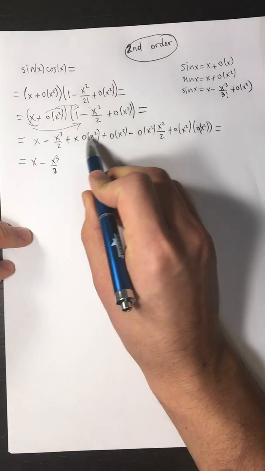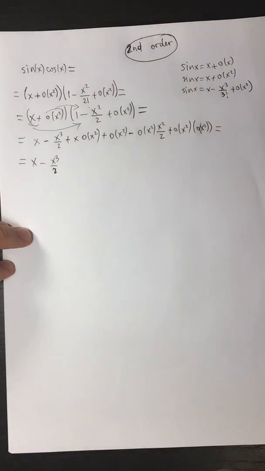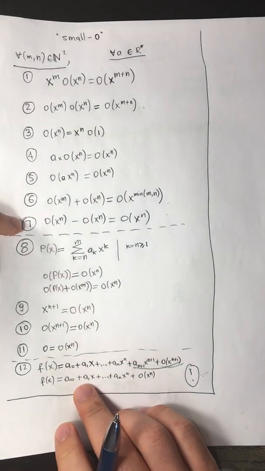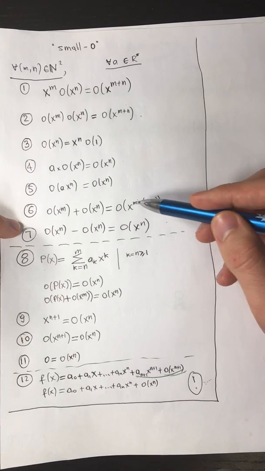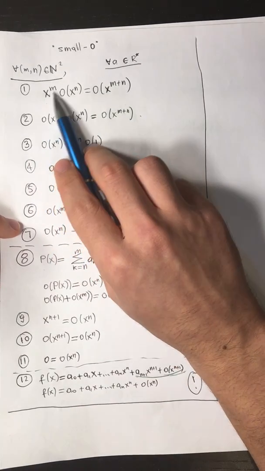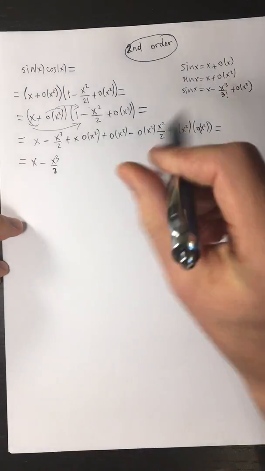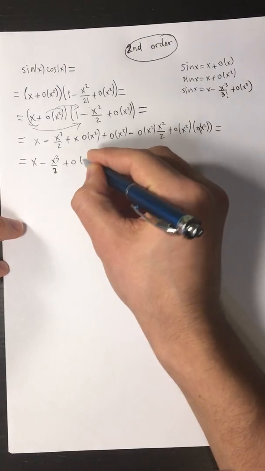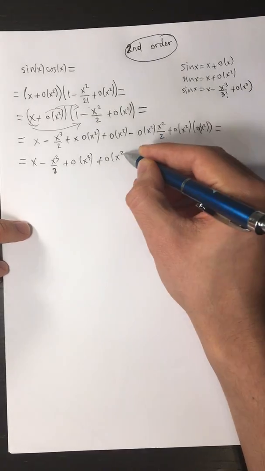And then look, x times x squared, for example, o(x^2), according to which formula? Come on, tell me. Number 1, x times something, right? According to formula number 1, this is going to be o(x^3). And this one is o(x^2), right?